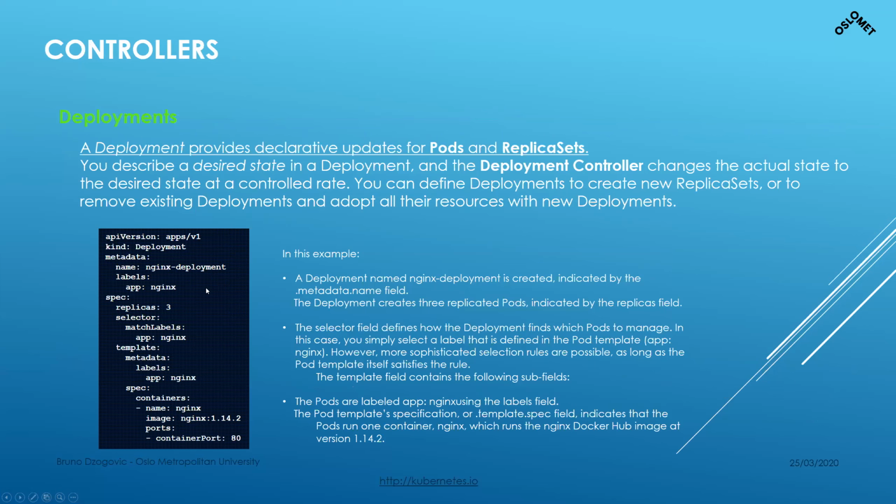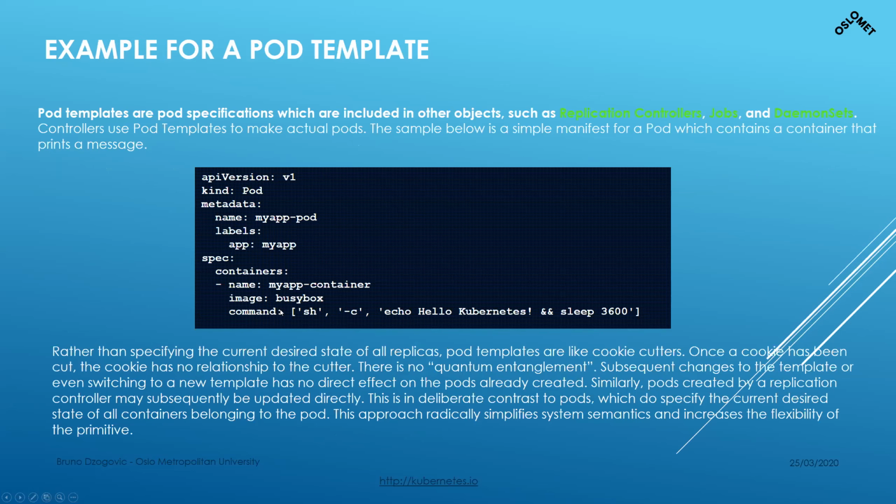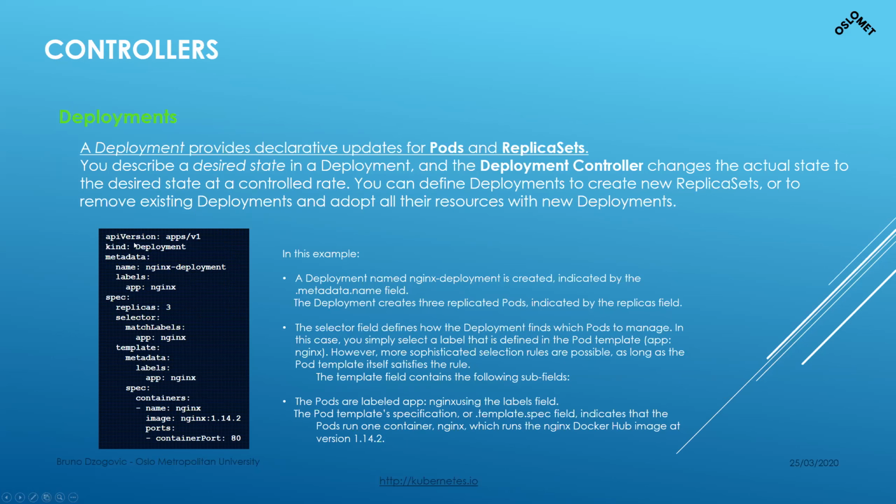Another example to run Nginx web server is, as you can see on the left here. This will run Nginx, but let's first talk about how this is run, because what's the difference between this and this? This will just run a pod and that's it. But in this case, we're creating something called a deployment, and the deployment can have multiple replicas. It can be put as a template, and it can have a specification, which will be containers and the name of the image from which you're going to run the container.